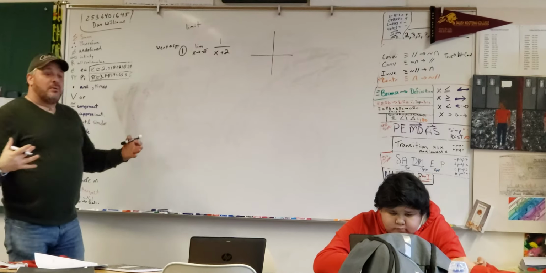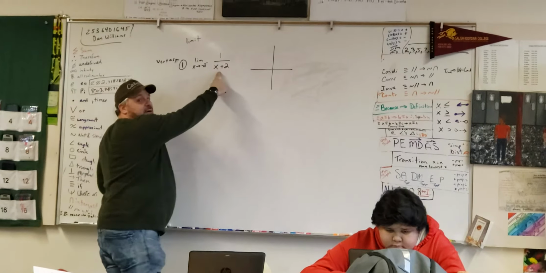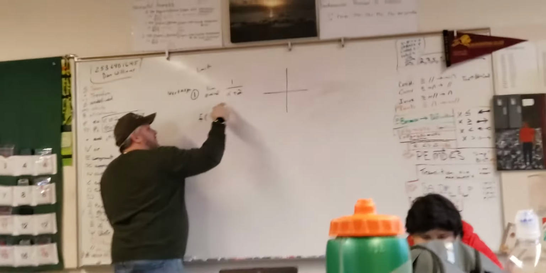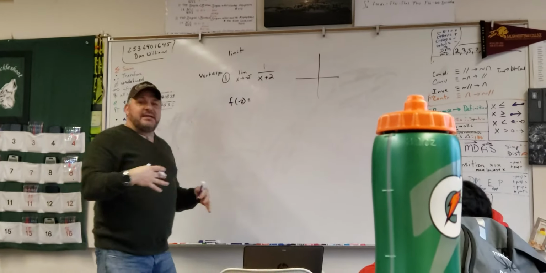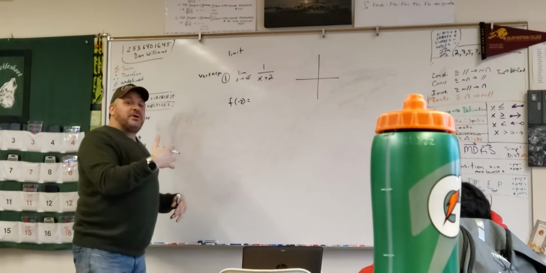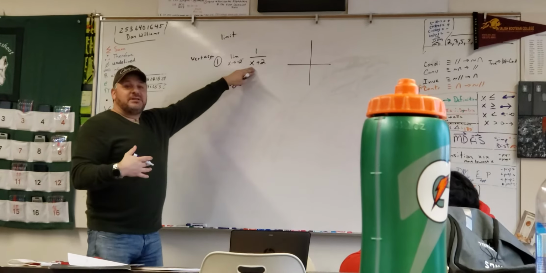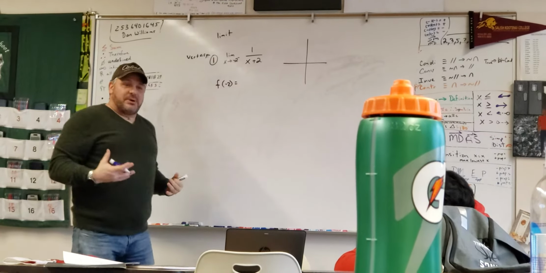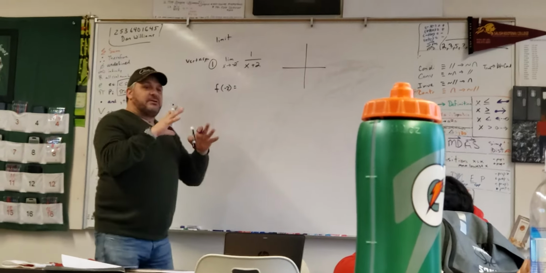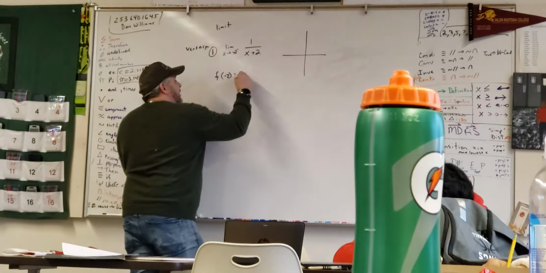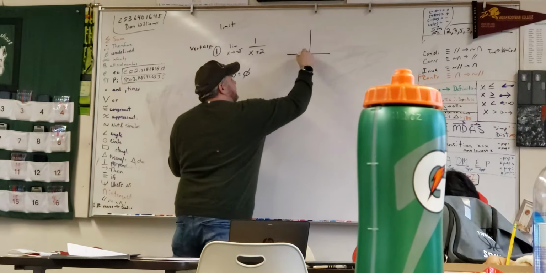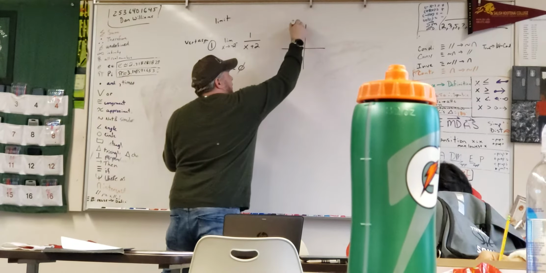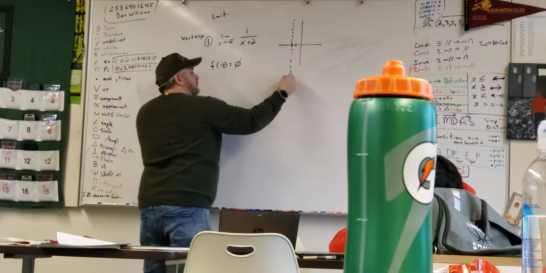When the bottom hits 0, and that's when x is -2. When we plug in -2, -2 plus 2 is 0, and the bottom goes to 0, and that's undefined. It just blows up at that point. So at -2, there is no such point.